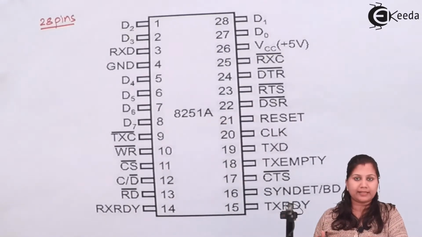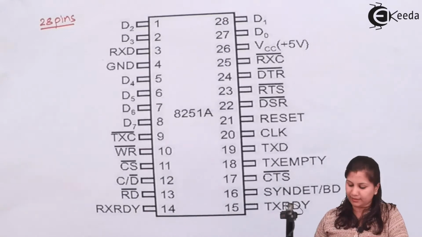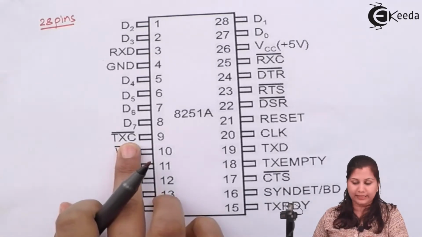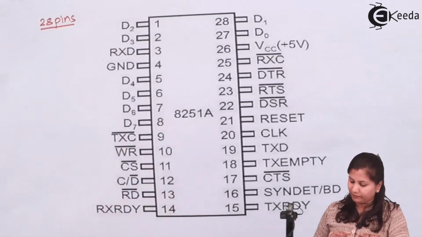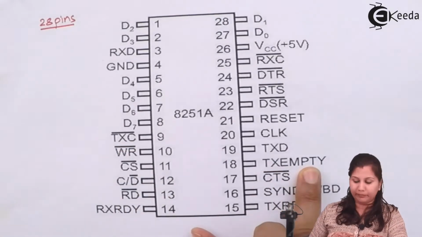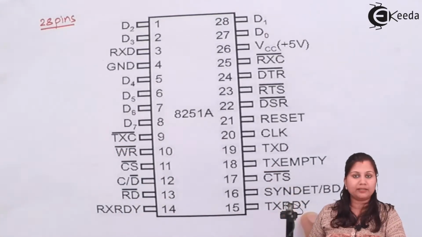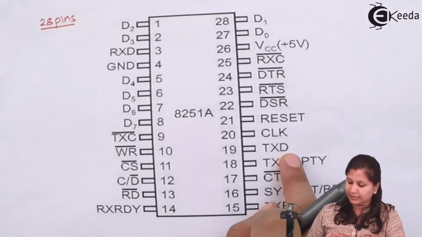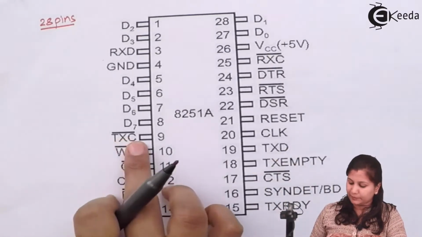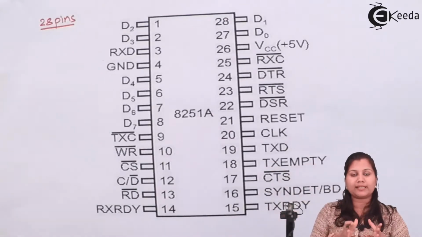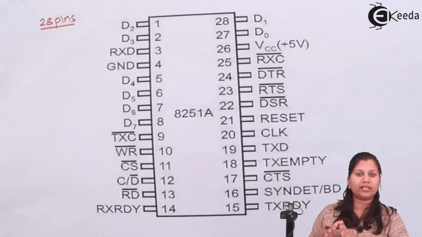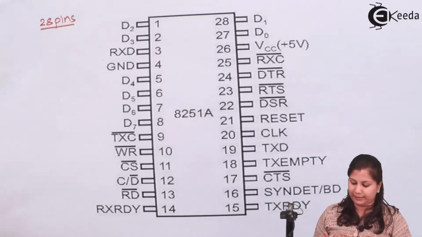For the transmitter side, we will also have three signals: transmitter clock, transmitter empty, and transmitter ready. So three signals are for the receiver and three are for the transmitter side.